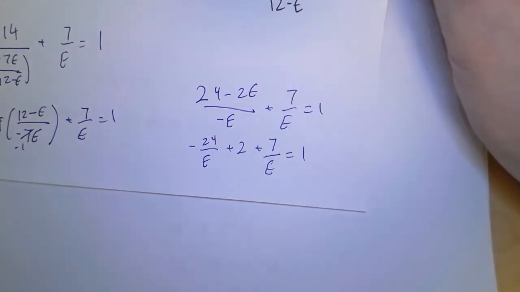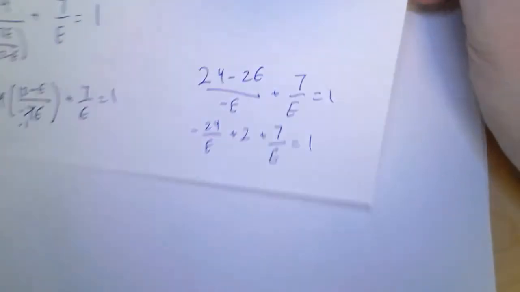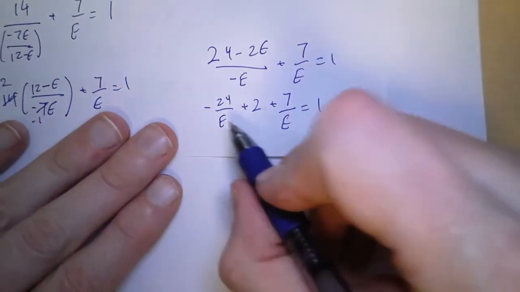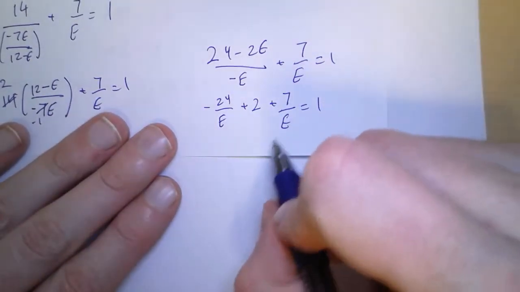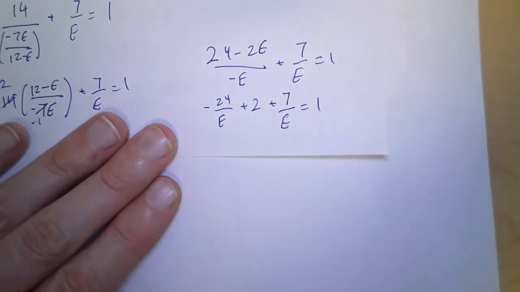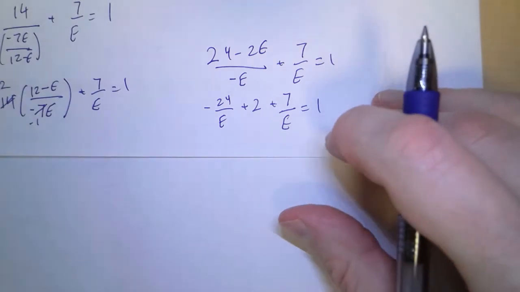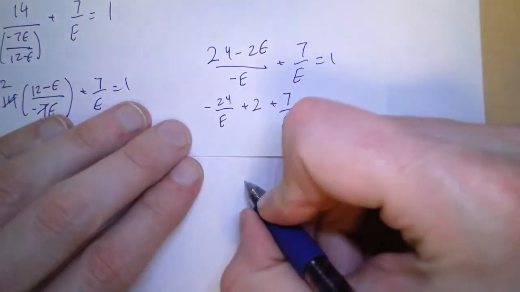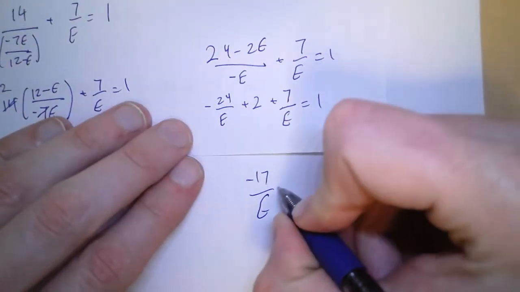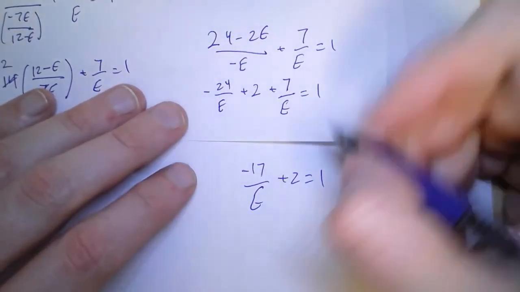So what we have to do now is we combine those two like terms in that we have negative 24 over E and 7 over E. And so negative 24 plus 7, so that's going to be negative 17. So negative 17 over E plus 2 equals 1. Subtract the 2 over to the other side.